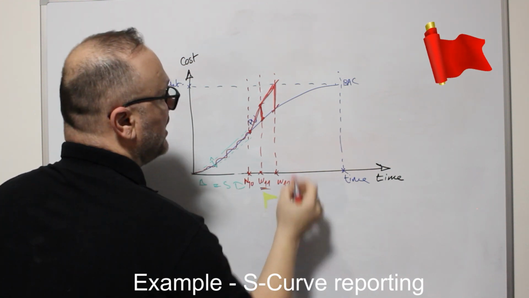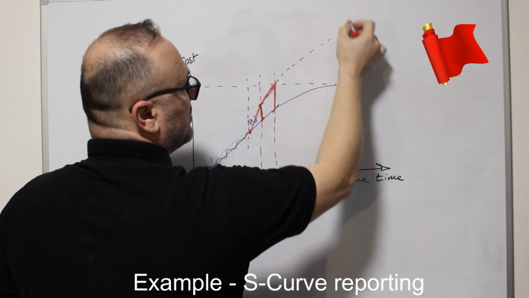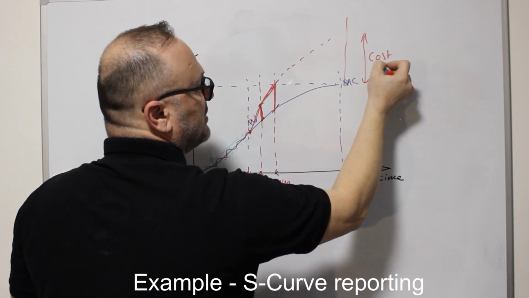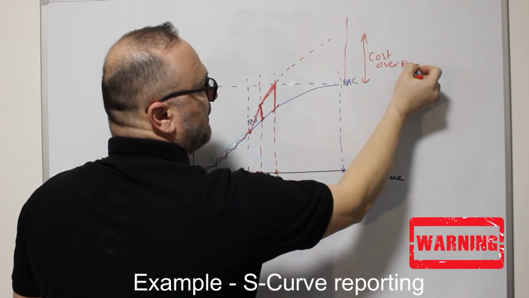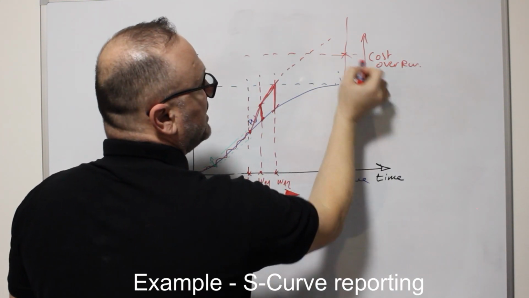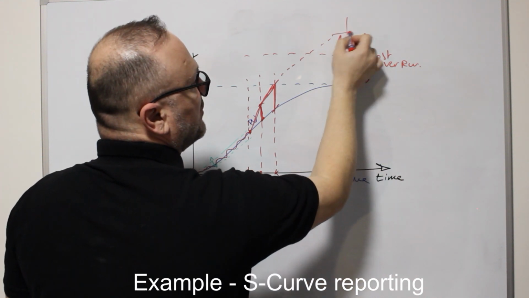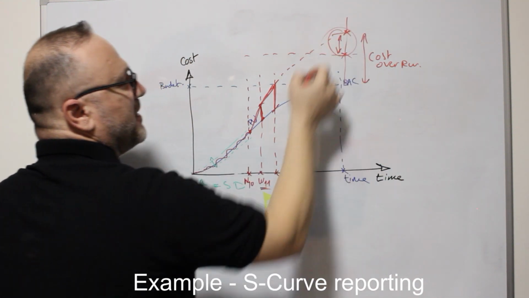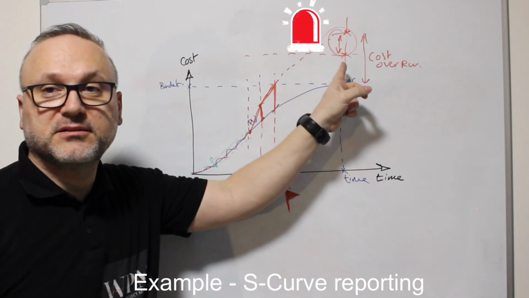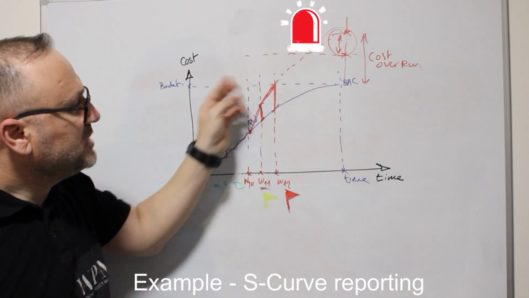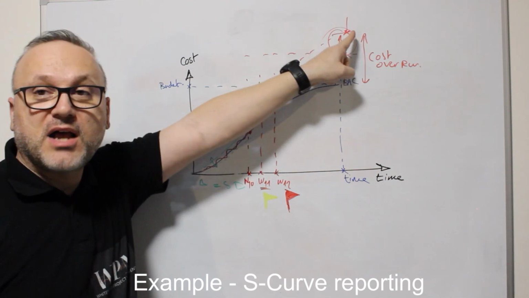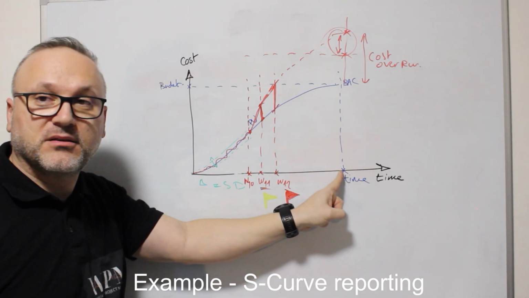So in this week, it's really a red flag because we are going to cost overrun, and let's say the contract value is here. So we could finish with a negative impact. If you don't take the correct action at this moment, you are out at the end of the project.